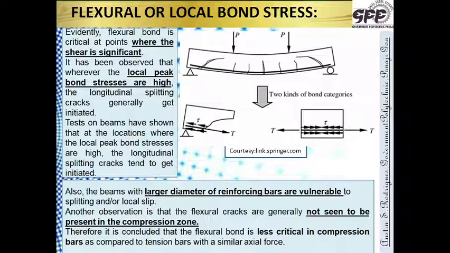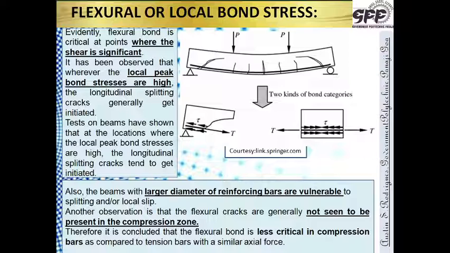Also, another thing to be noted, beams with larger diameter of reinforcing bars are vulnerable to splitting or local slip. They can be easily subjected to splitting or slipping.